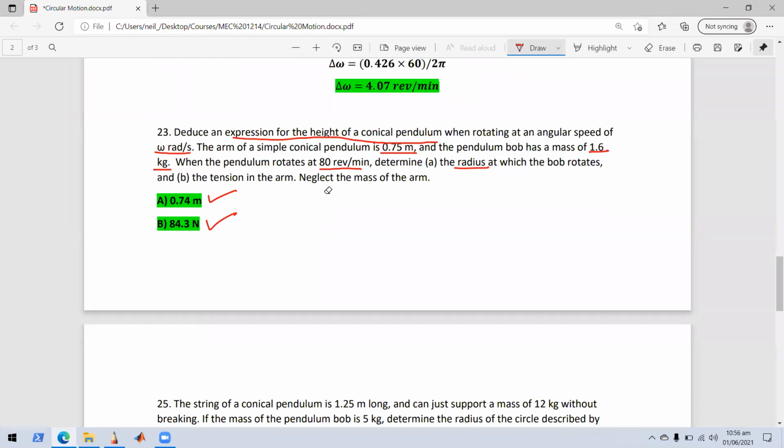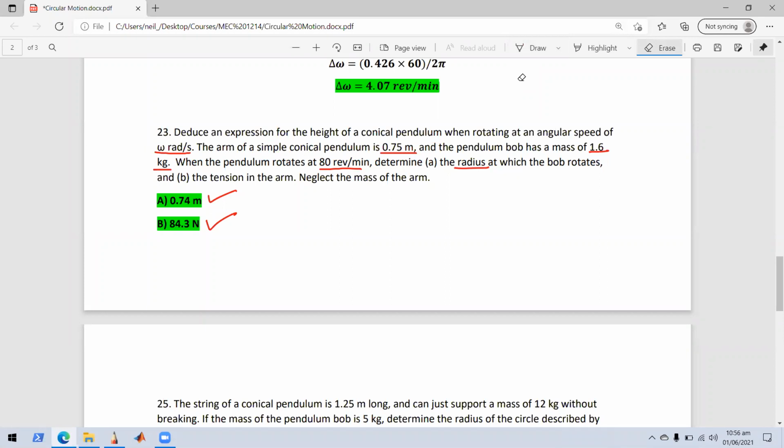Should be fine. Sir, I got that same answer too, but when I check back, it's not the working that is needed to find it. Oh, you got 83.9 or whatever too? Yes, sir, but it's not the way it's supposed to be. So what was your mistake?